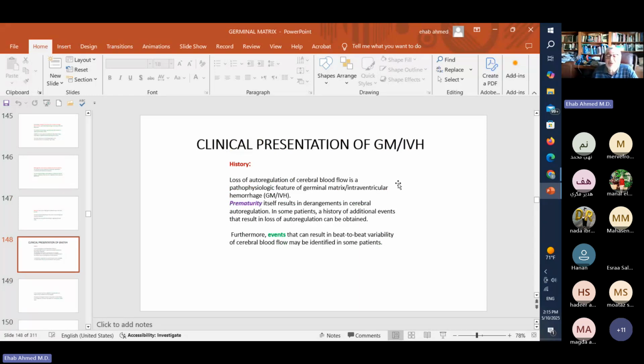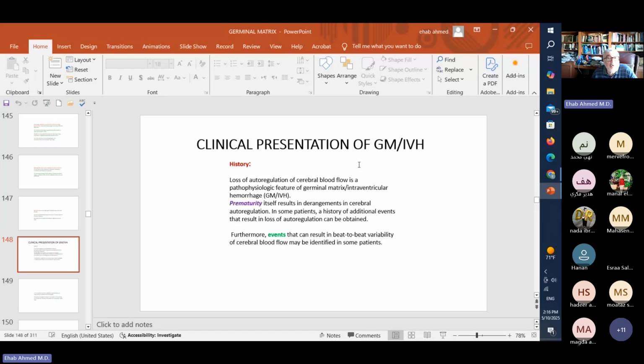Clinical presentation. Of course, in any condition, we take history, do a physical exam, and then do labs, imaging, and differential diagnosis. GM-IVH presentation could vary dramatically. Many of the babies are silent. They are asymptomatic.